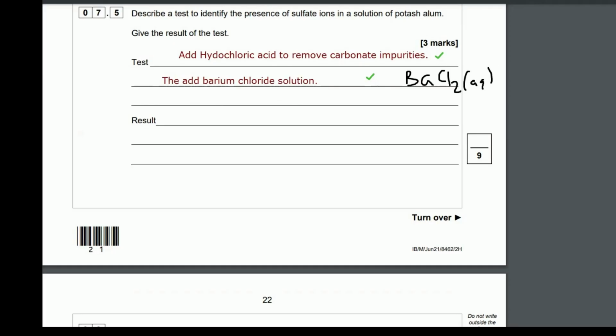Now, the result is a white precipitate forms of barium sulfate. And of course, barium sulfate, BaSO4, is insoluble, hence why it forms a precipitate. So barium sulfate is insoluble and you get a white precipitate.